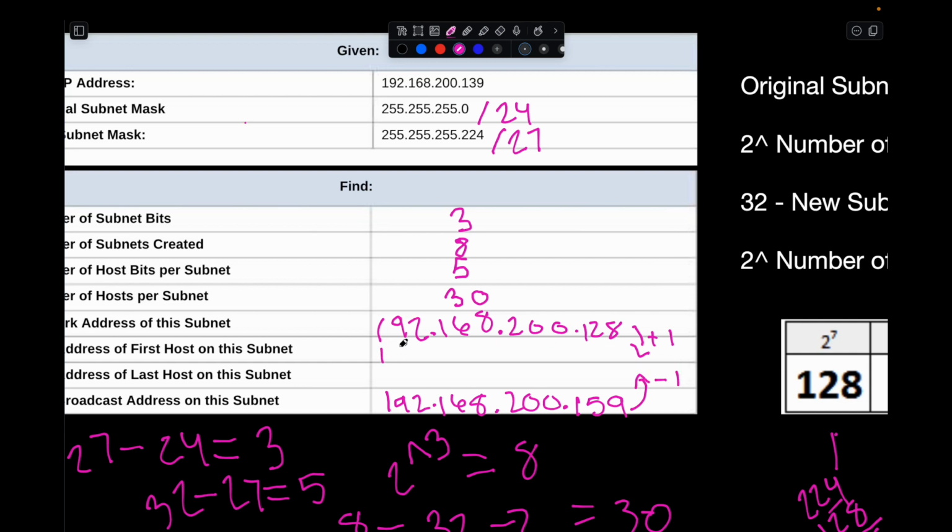So it's going to be 192.168.200.129 and 192.168.200.158. And yeah, that's basically how we do it. Pretty easy peasy if you know what you're doing.